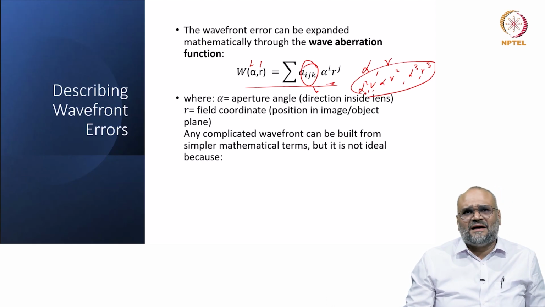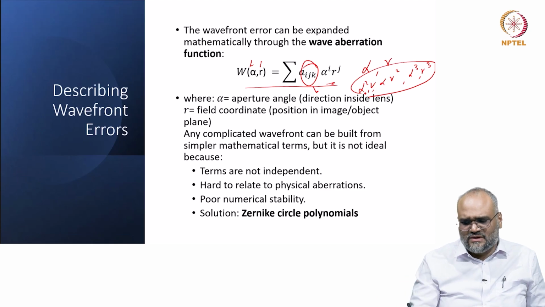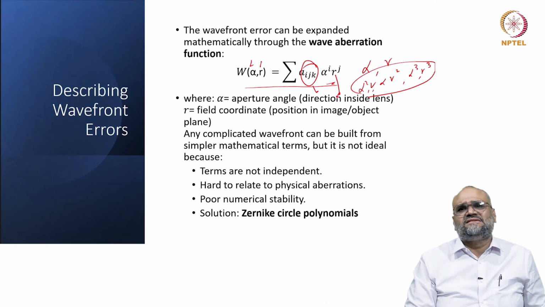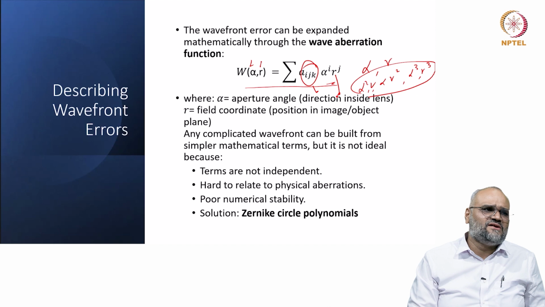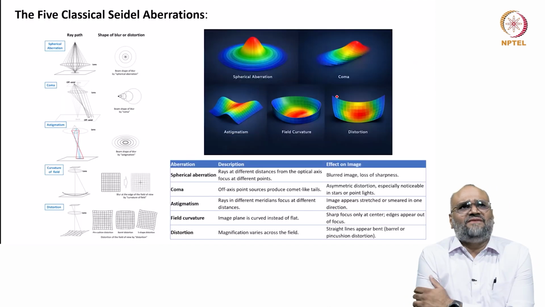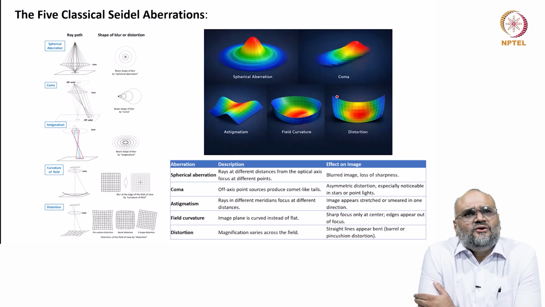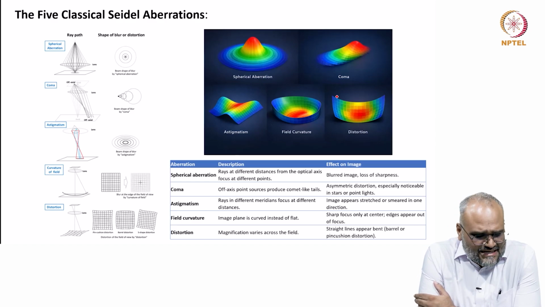So alpha is your aperture angle here and r is the field coordinate, and any complicated wavefront can be built when you give an expansion to this aberration function in terms of the Zernike circle polynomials. If you look at the 5 classic Seidel aberrations, they modulate the wavefront in these forms.